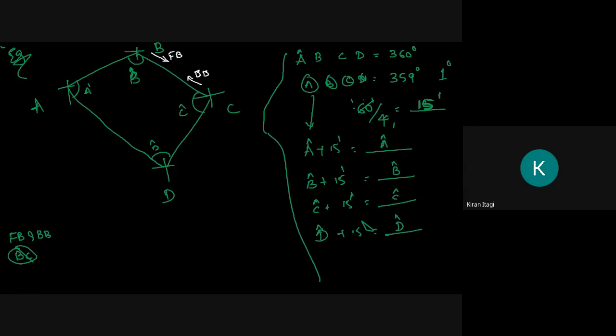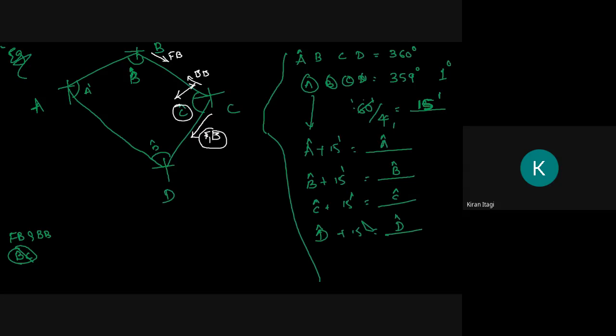Now what I will do, I will determine the forward bearing with respect to station C. How will we determine the forward bearing? I know the back bearing and I know the angle C. With the help of these two, I will determine the forward bearing.